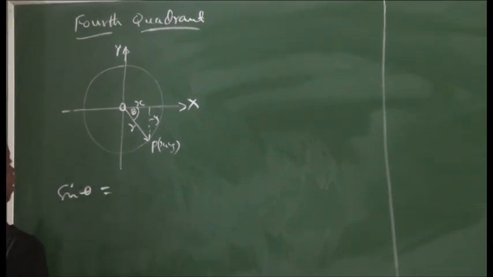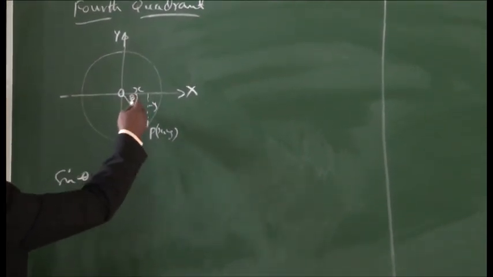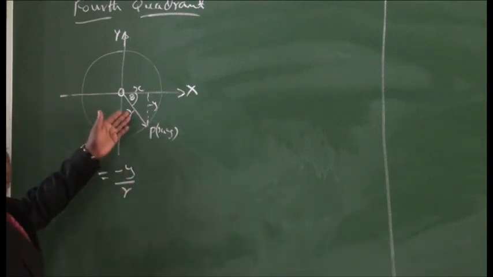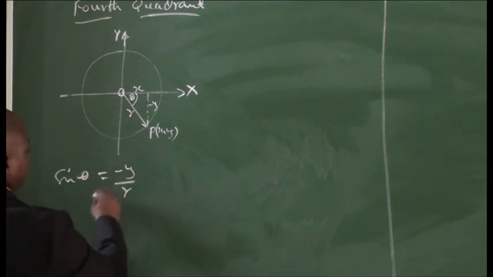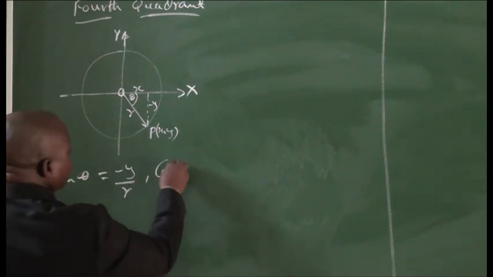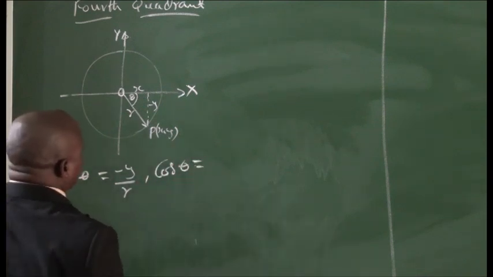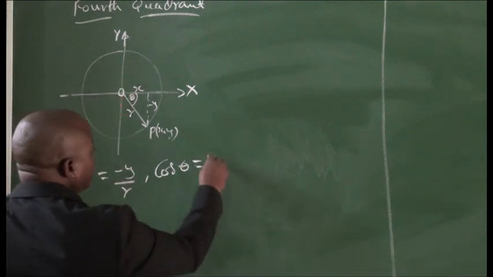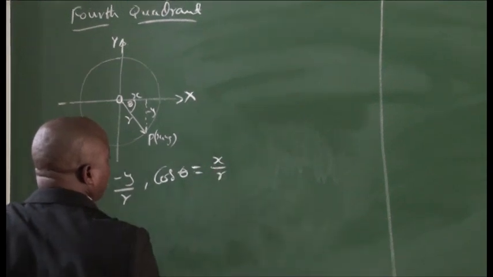So we see that sine theta is opposite, this is minus y, opposite over hypotenuse, which is r. And then cos theta is adjacent over hypotenuse, that is x over r.